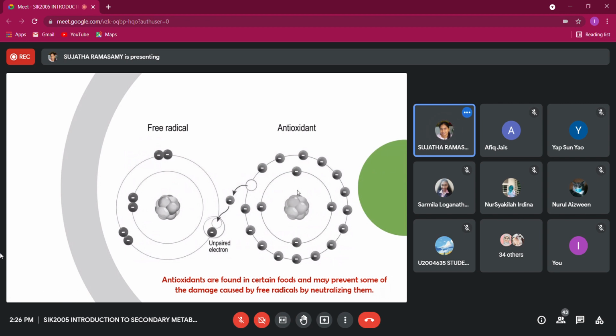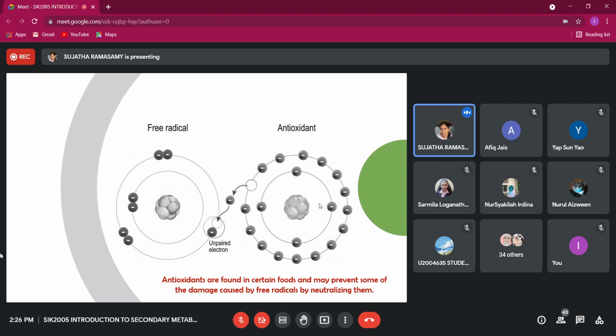It will donate one of its electrons so that this free radical will have another electron, and now from an unstable molecule it becomes stable. And antioxidant doesn't suffer any effect when it loses one of its electrons. It is a different kind of molecule.